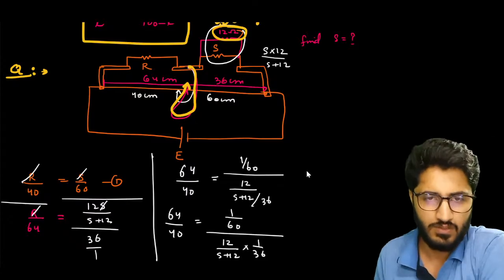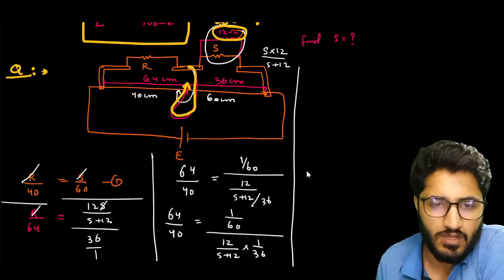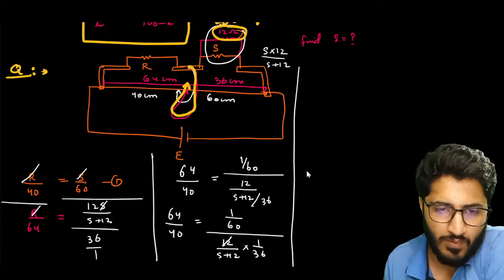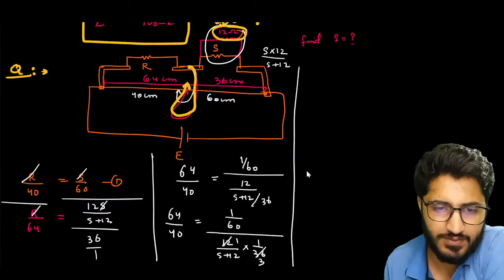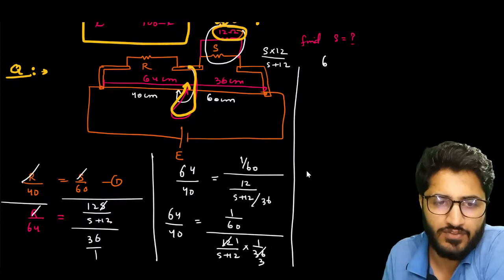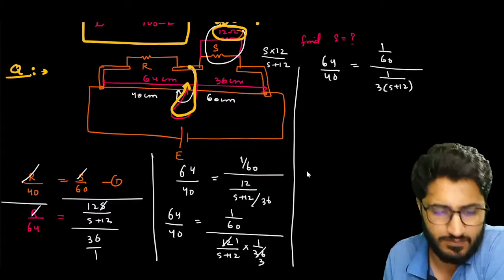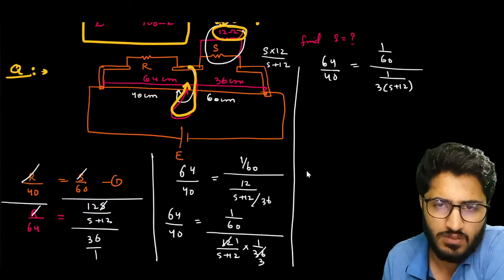Okay, now 12 1s are 12, 12 3s are 36. Done. So we can write 64 by 40 equals to 1 divided by 60 whole divided by 1 divided by 3 times S plus 12. Now, is it correct now? Okay.